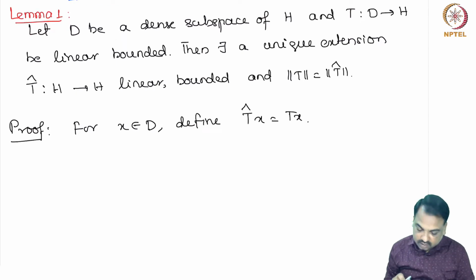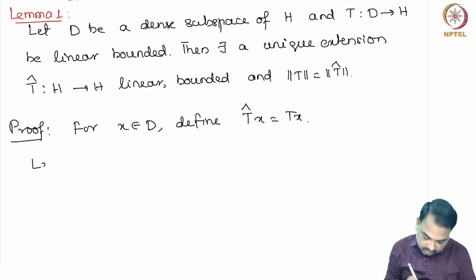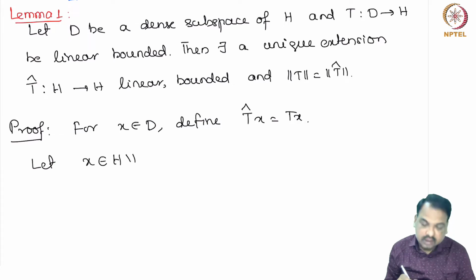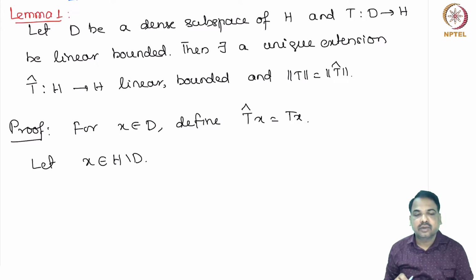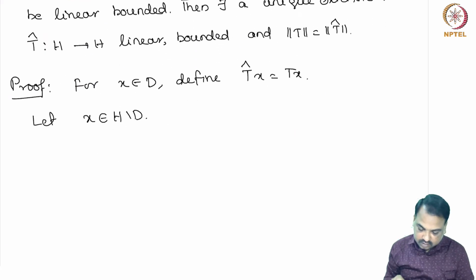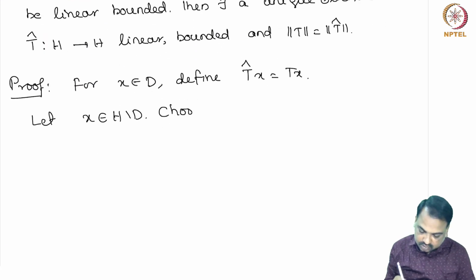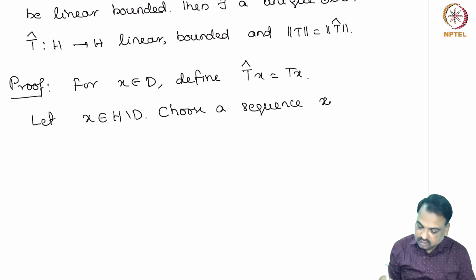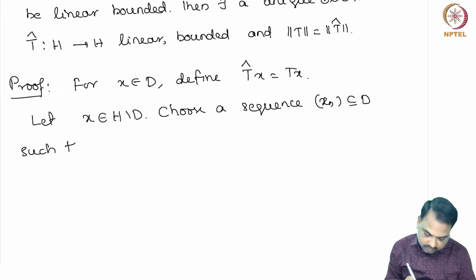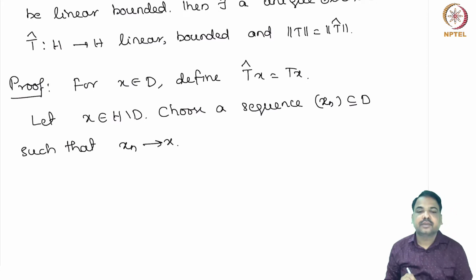Now when x is not in D, let us take x in H minus D. Since D is dense, we can choose a sequence xn from D such that xn converges to x.